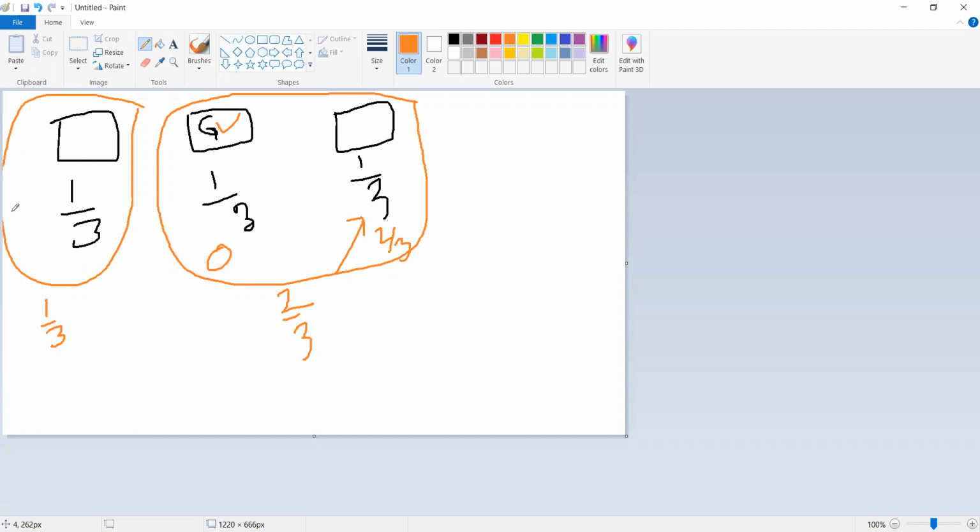The net result is this door has a probability of 1 by 3 and that door has a probability of 2 by 3. So it makes sense for you to switch and go with that door, because the chance of winning the car is twice there than here.